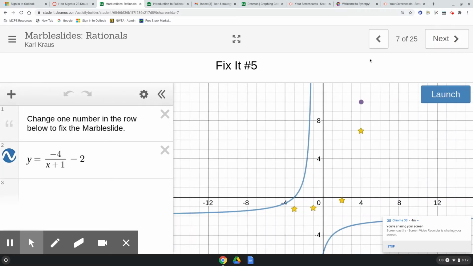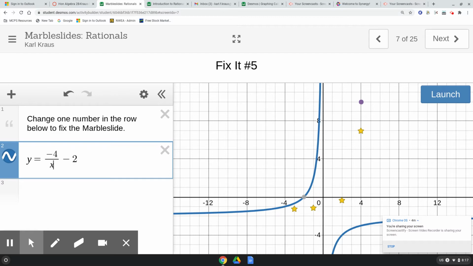And then on slide 7, change one number in the row to fix the marble slide. So I want to move everything over here. So I want to move this branch over to here. So let's make this a x-5 to move the graph to the right.